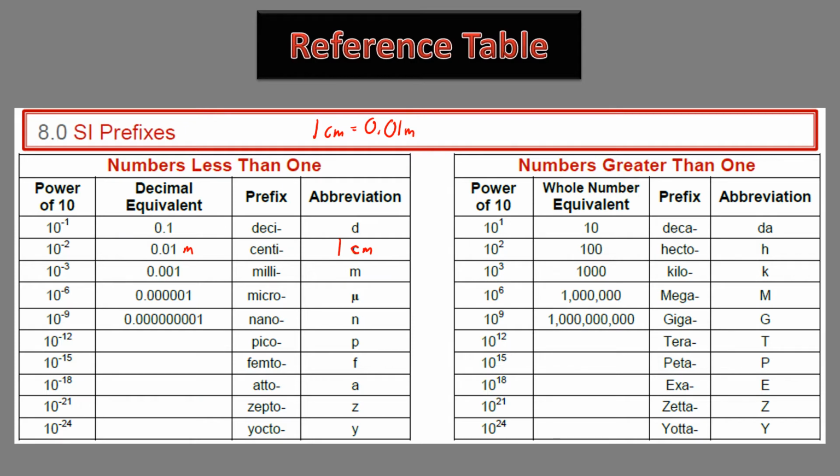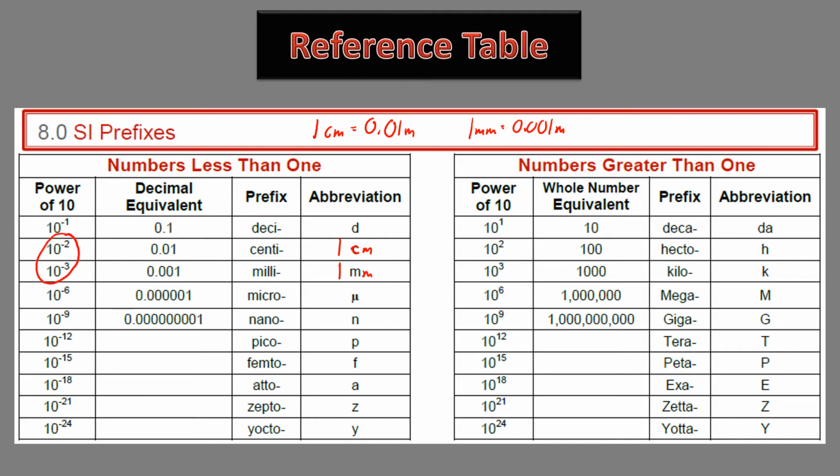So for example, maybe you know that there's 1,000 millimeters in 1 meter. Well, that means that 1 millimeter is equal to a very small amount, 0.001 meters. So another conversion that they're telling you, 1 millimeter is equal to 0.001 meters. But the better way to do it is really to look at this column.